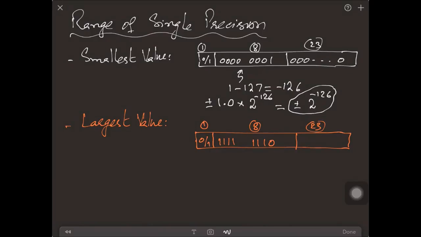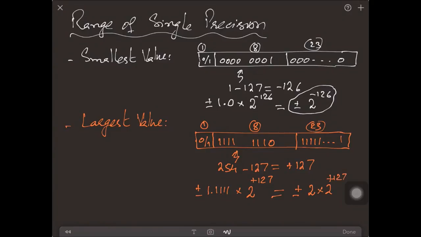Remember, exponent of all 8 zeros or all 8 ones are reserved. In the fractional part we have all ones. So over here the actual exponent is 254 minus 127, that is plus 127, and the number is 1.1111 into 2 raised to power plus 127, which is plus minus almost 2 into 2 raised to power plus 127. So these are quite large values.